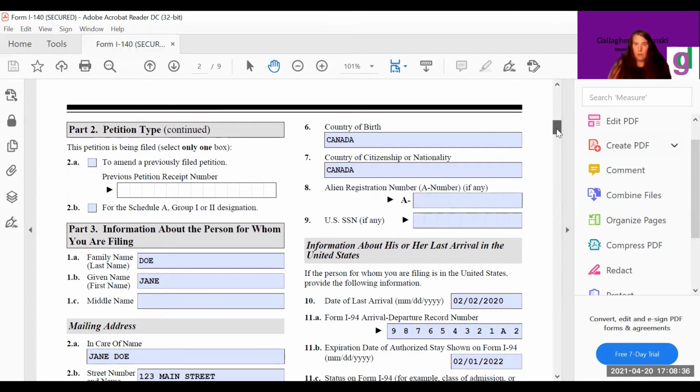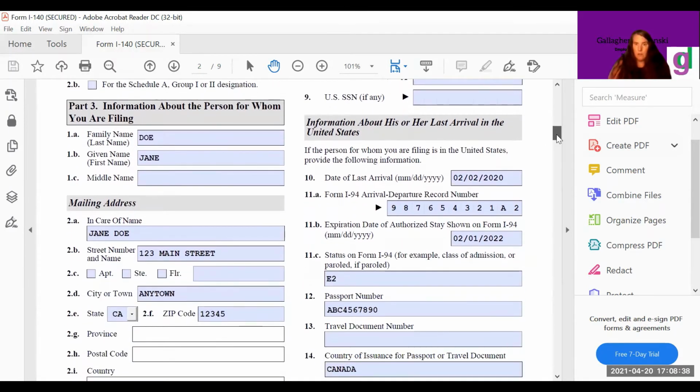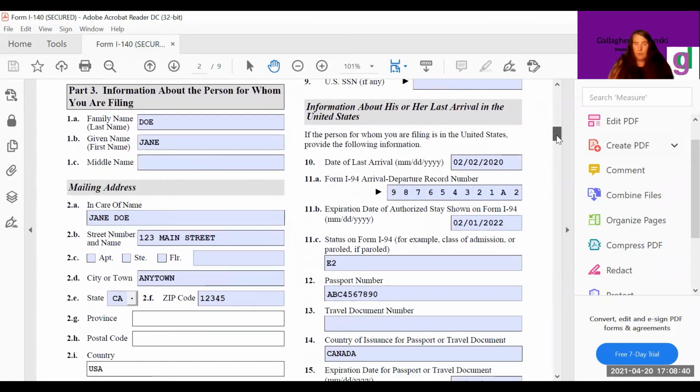Now this information you get from your Form I-94, which you should have if you've entered the United States. So you get all this information from there.